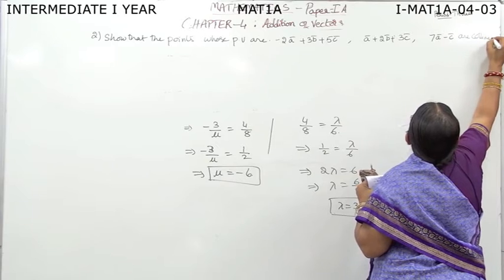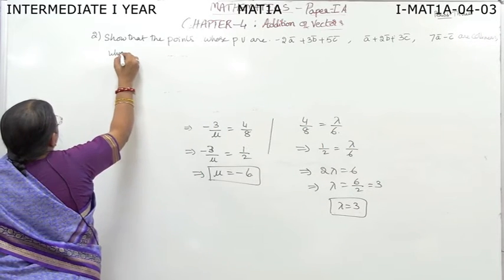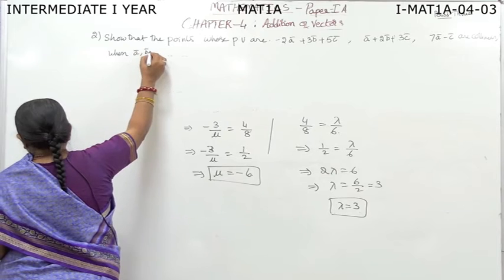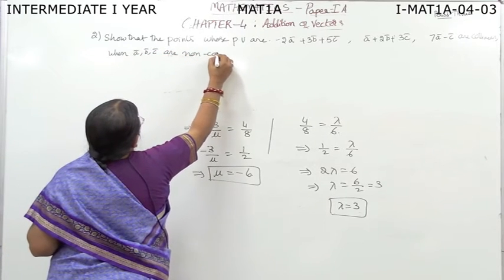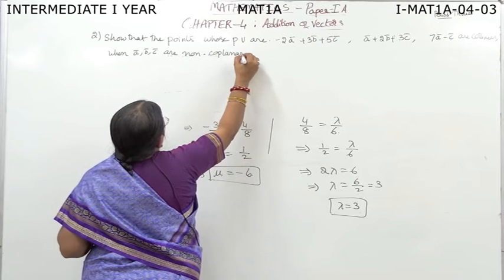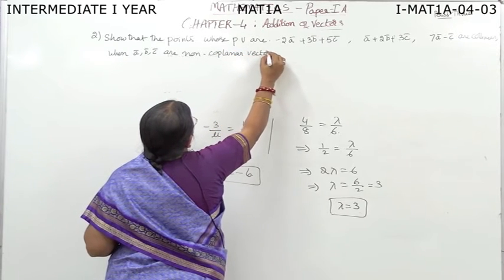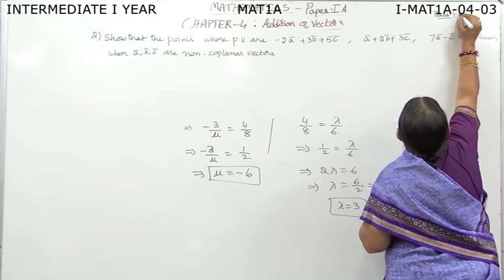Show that they are collinear when a, b, c are non-coplanar vectors. They are non-coplanar vectors.